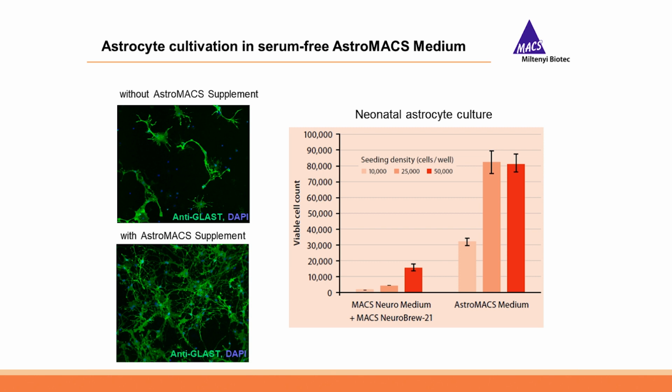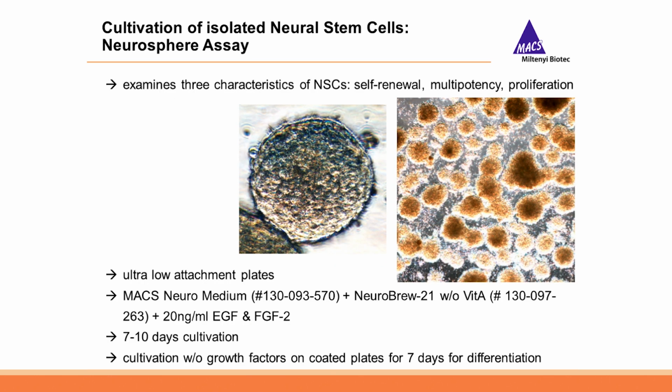Our last slides are now about the cultivation of the isolated neural stem cells. The isolated neural stem cells are here subjected to a Neurosphere assay, and such a Neurosphere assay examines the three characteristics of neural stem cells, that means the self-renewal, the multipotency, and the proliferation.